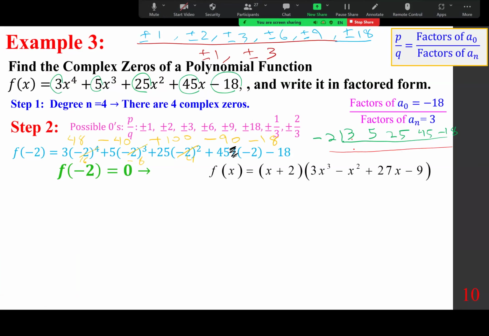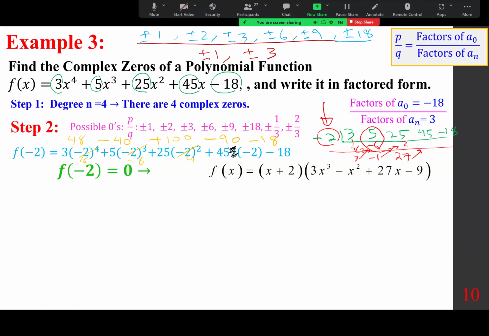And of course, what happens? You drop this just the way it is. You multiply it by -2. You get -6. These two add up. You get -1. You multiply it by -2. You get +2. You get 27. You multiply it by -2.